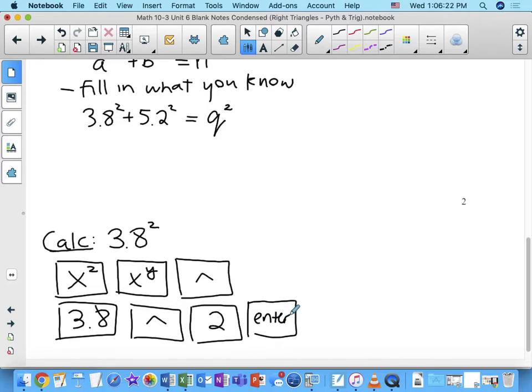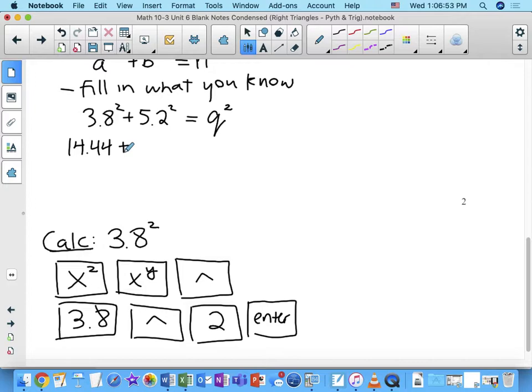Okay, now if this is really confusing or if you get stumped later on, what does 3.8 squared mean? Yeah, it's 3.8 times 3.8, right? So worst case scenario, you just go on your calculator, 3.8 times 3.8. Okay, what did you get? Yep, 14.44. Okay, now let's do the same thing with 5.2.